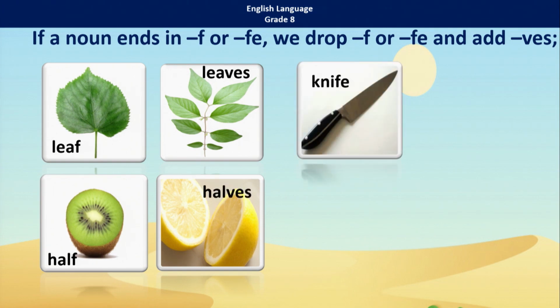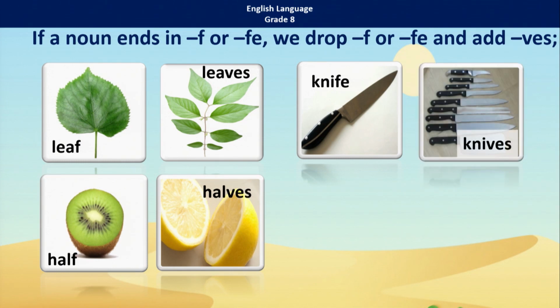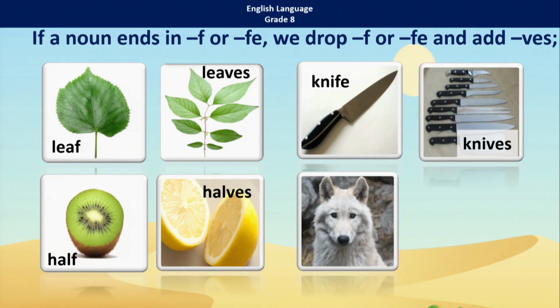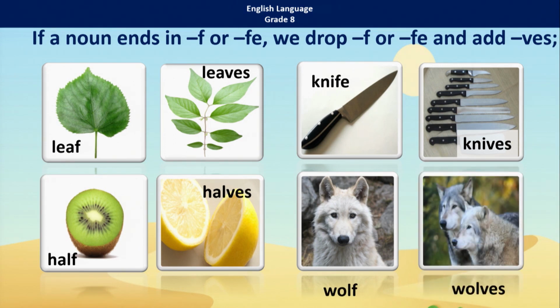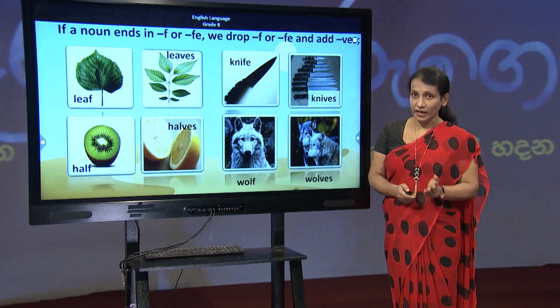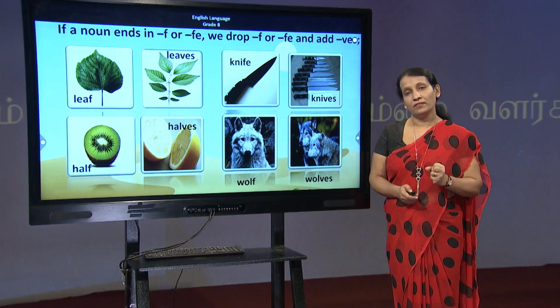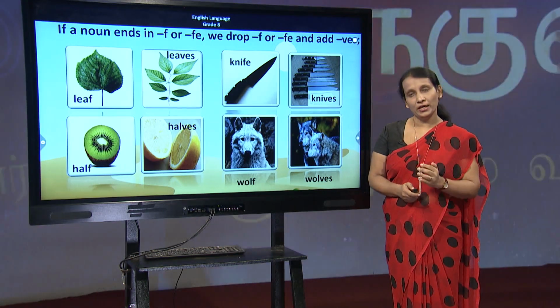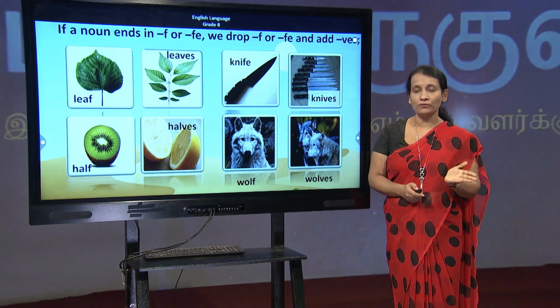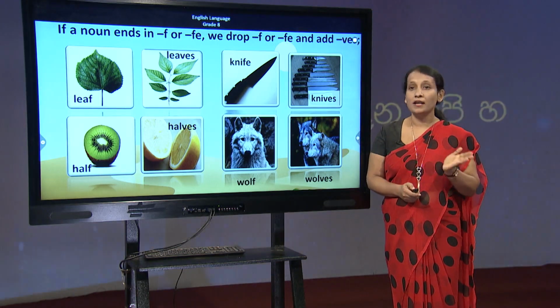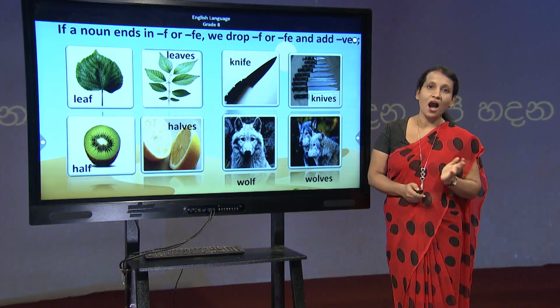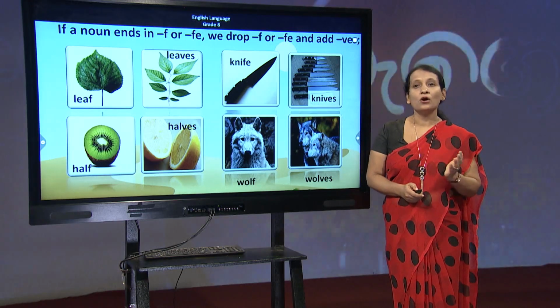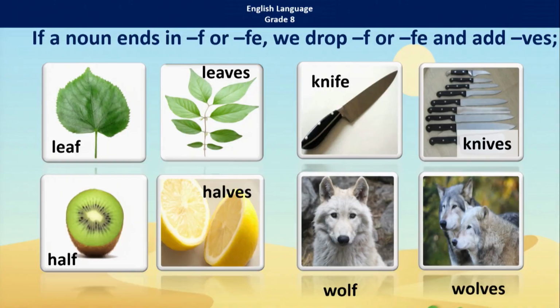Knife, knives. Wolf, wolves. Okay, children, we have to cut off or drop the letter F or FE and then we have to add VES to the end of the noun. Leaf becomes leaves, knife, knives, half, halves, wolf, wolves.